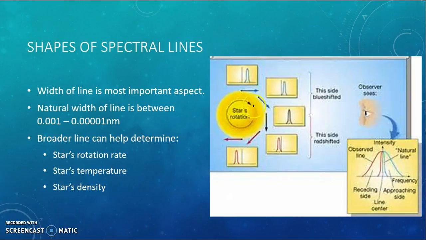All right, as the star is rotating towards us, you'll notice that this is where the line should be. Okay, and it's all the way to the right. It's been shifted, right? And it's red. And then as it goes away from us, I'm sorry, it's blue. And then as it goes away from us, it's shifting again and it's turning towards the red. Okay, so it's just another way to look at this Doppler shift.